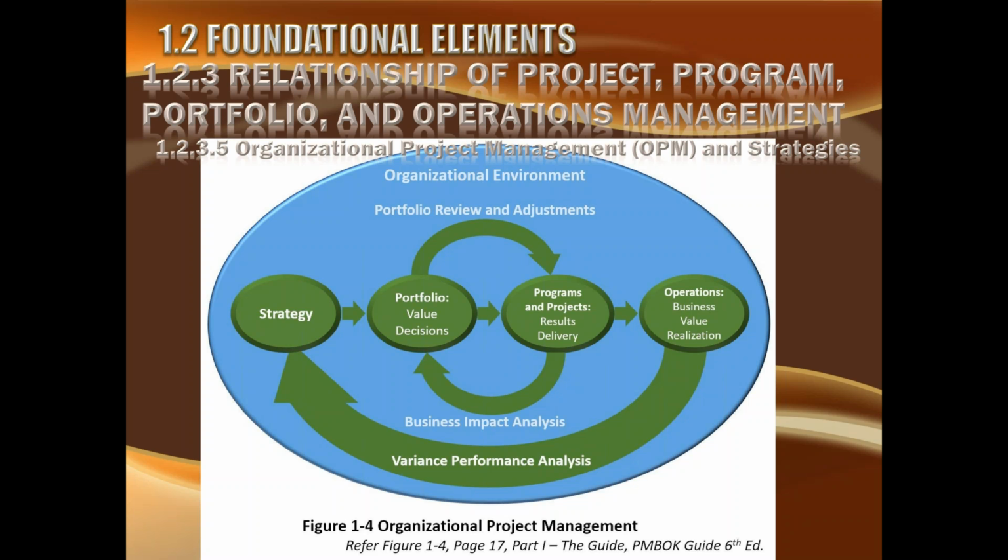Under the portfolio, we have the projects and programs which deliver the results, and business impact is taken on to portfolio, and portfolio will then decide what else to do with the next initiative. And the output of the program goes to the operation in shape of business value, and that realization affects the strategy. And again, this cycle continues on, and this is how organizational project management is related with the organizational strategy.